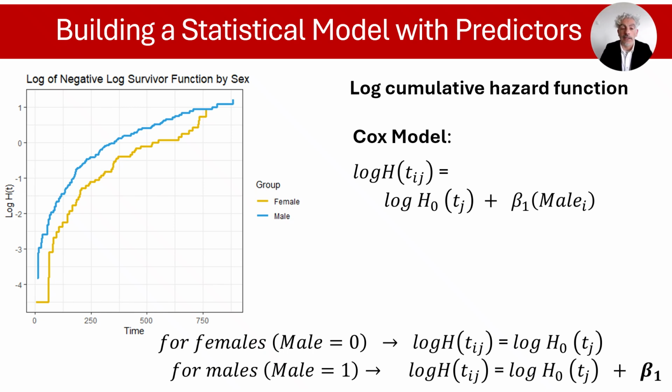The size and the direction of this vertical shift in the function of males will be determined by the value of the beta 1 coefficient that I put in bold at the bottom of this slide. So this beta 1 coefficient represents the vertical shift in the estimates of males compared to the baseline that we estimate.